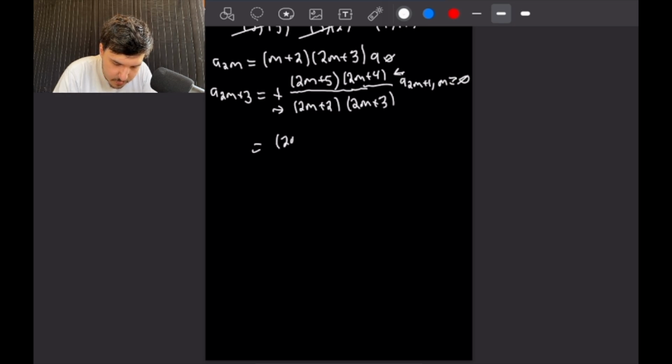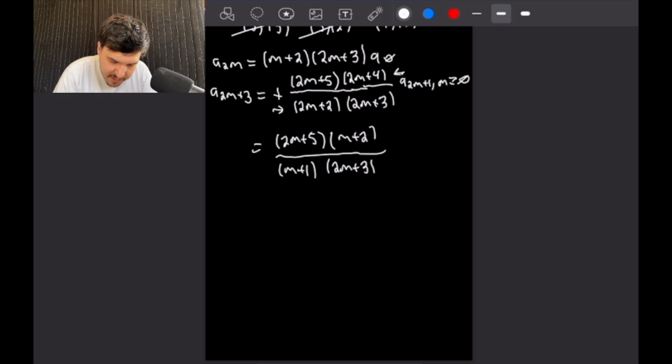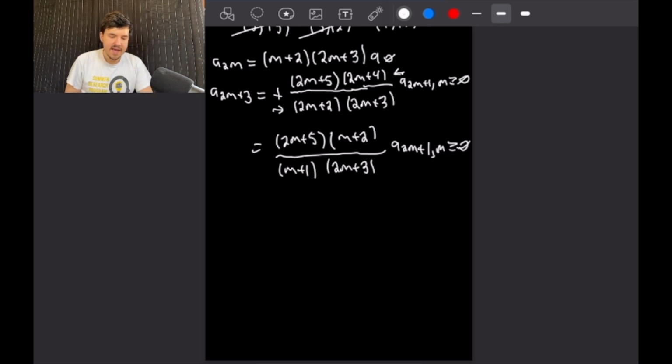We will still have a 2m plus 5 as our first term, but once we factor out that 2 and cancel it with the 2 in the denominator, we will be left with an m plus 2 for our second term of our numerator, and that will be over an m plus 1 times 2m plus 3 times a sub 2m plus 1 for m greater than or equal to 0. So now let's go ahead and compute our odd coefficients. So let's start with a sub 3.